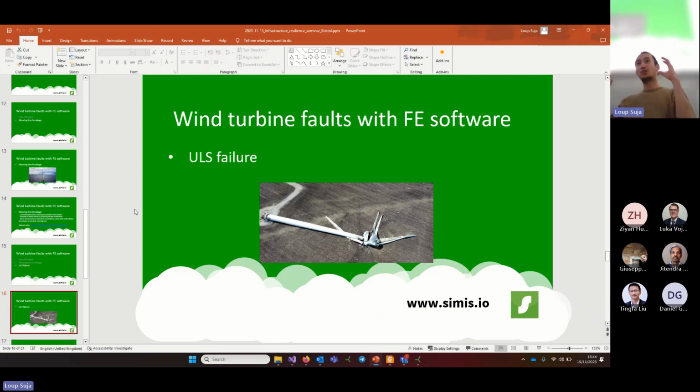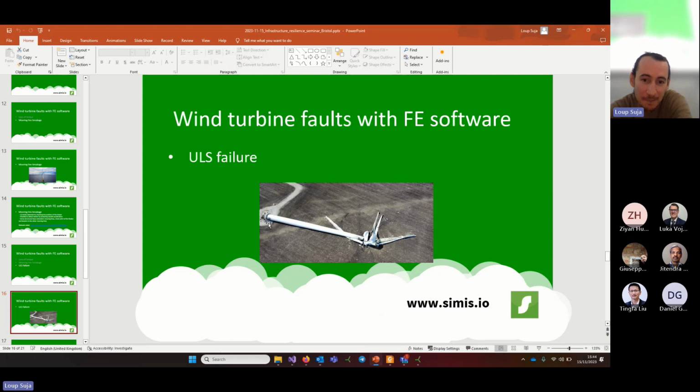They occur when you're closest to the rated wind speeds, to your rated conditions. In this case, it's 11.4 meters per second. When there's a massive storm, the blades start pitching, and then the loads on the tower are actually really low. So I put these pictures because it's common to get it wrong.